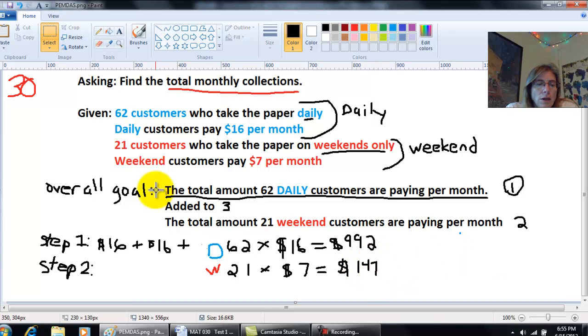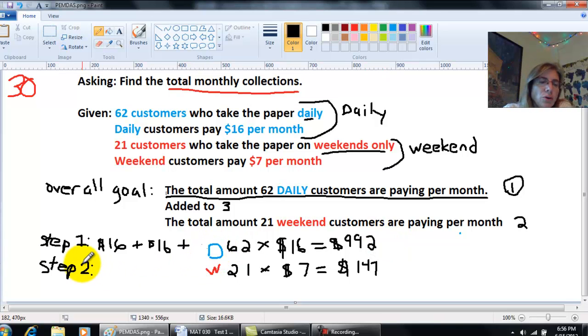Okay, so to recap really quick, in step 1, we needed to understand how much the person collected from the 62 customers who take the paper daily. So the math is 62 times $16, which is a total of $992 for those customers taking the paper daily.